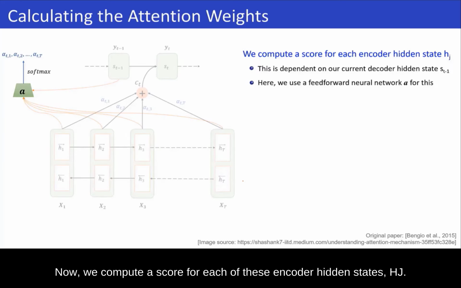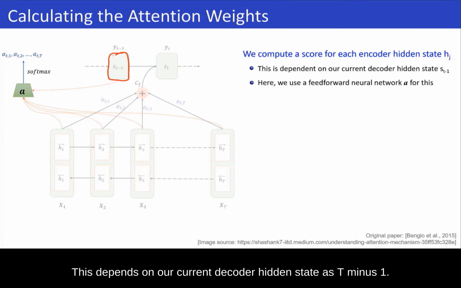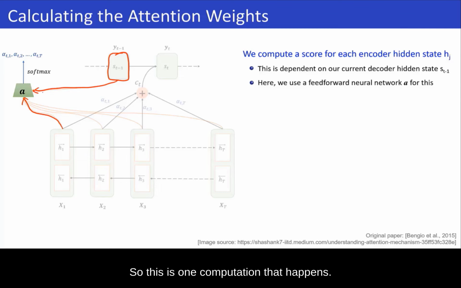Now we compute a score for each of these encoder hidden states, hj. This depends on our current decoder hidden state s sub t-1, and it depends on each of the individual hidden states. So this is one computation that happens.